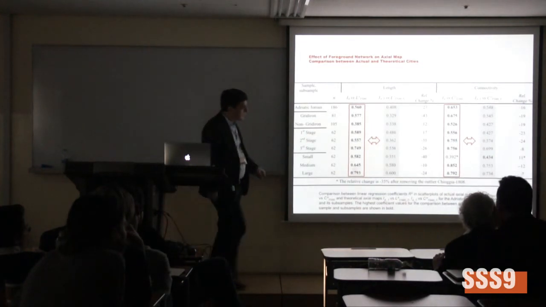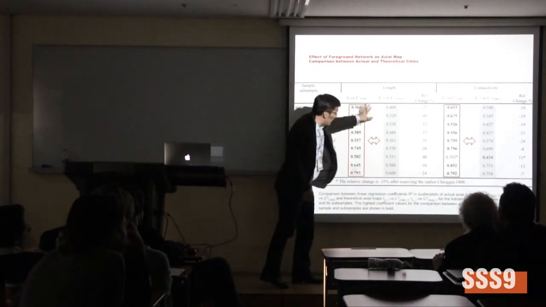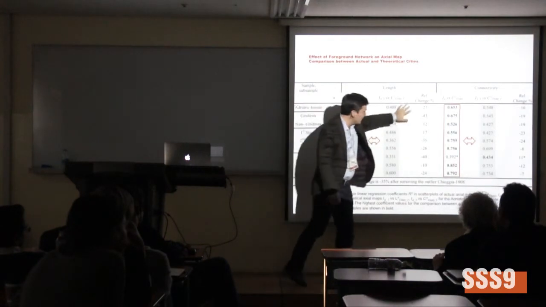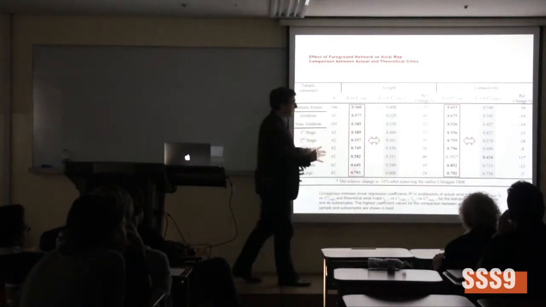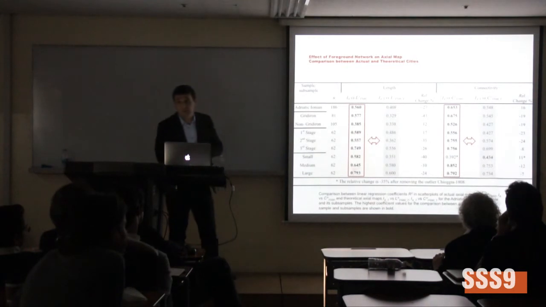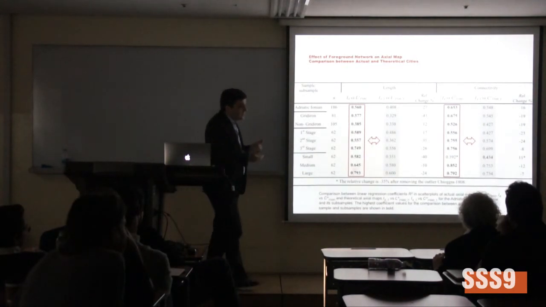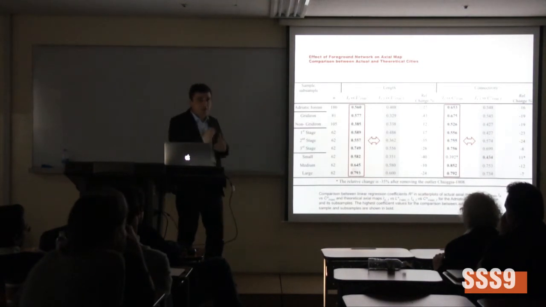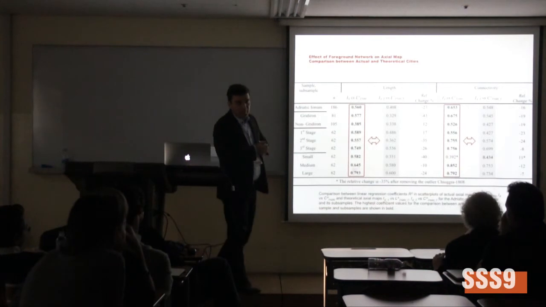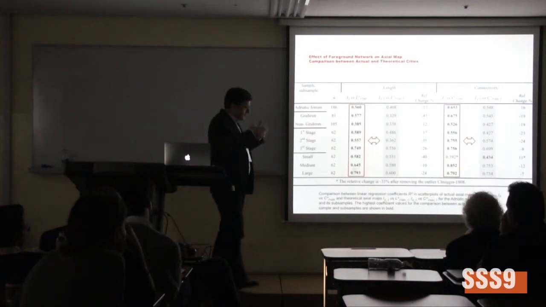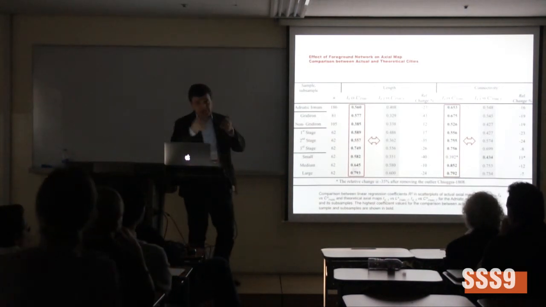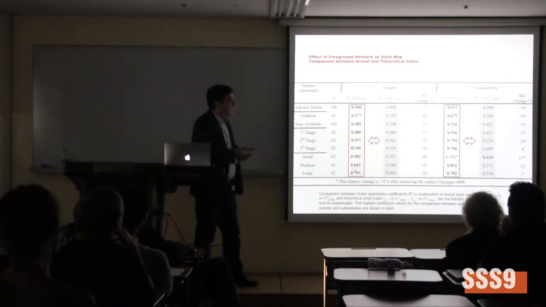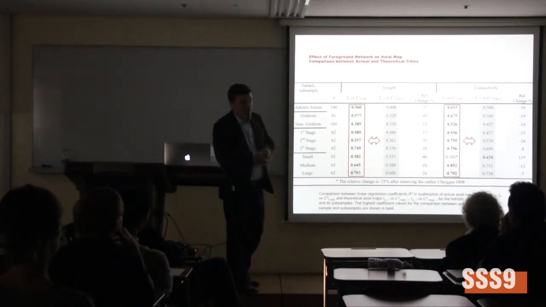And as you can see, consistently, the correlation drops, and that's the percentage of how much it drops as I compare the actual city with the theoretical one. That leads me to suggest that what I found is not just a theoretical property of networks, it's a unique property of cities that relates to the discussions in Bill Hillier's papers about centrality and how the foreground network tries to minimize distance.